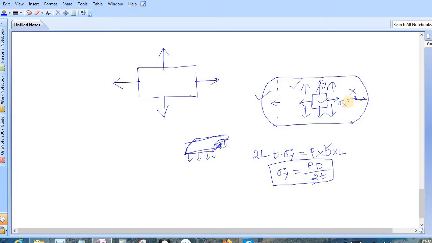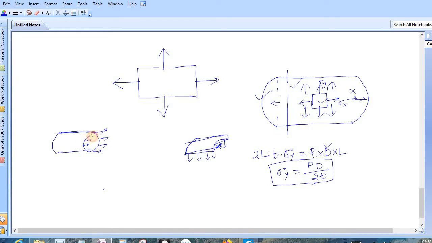Okay, and what about sigma x? To calculate sigma x, you cut the boiler anywhere like this and it will look like this. This is the face, this is the tail, and your stress is acting like this.